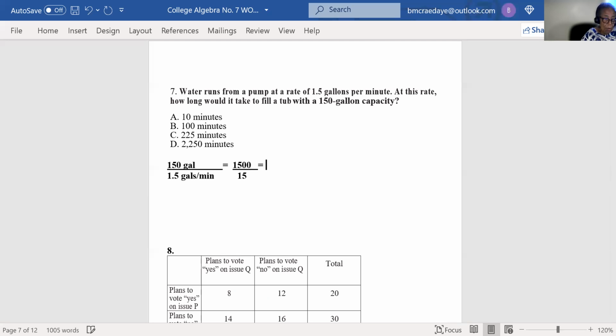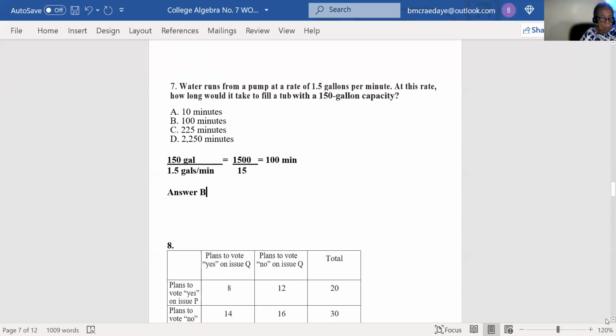So this will be equal to 100 minutes. And the answer would be B. So how long would it take? It would take 100 minutes for the water to fill that tub that's 150 gallon capacity if the rate is 1.5 gallons per minute.